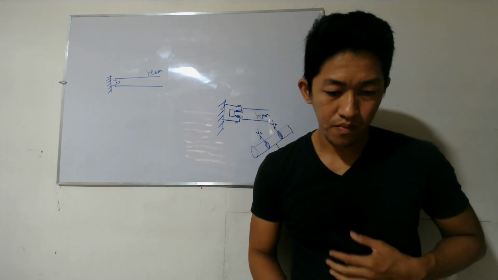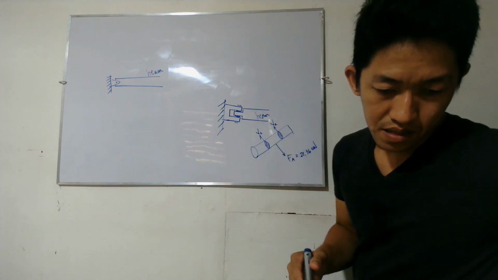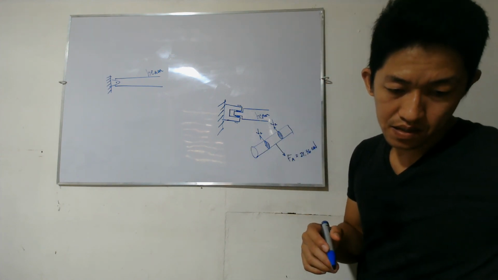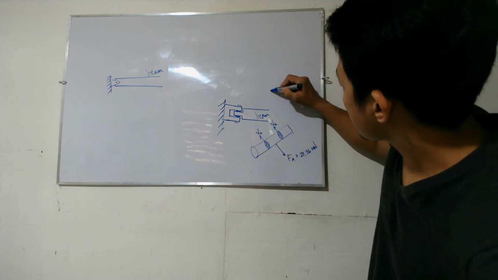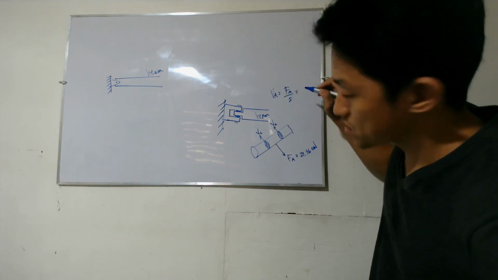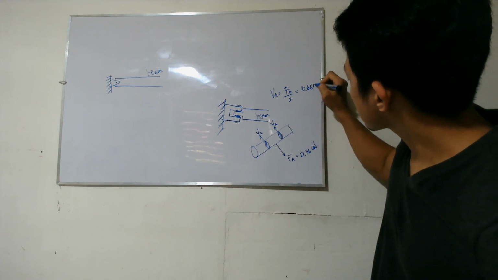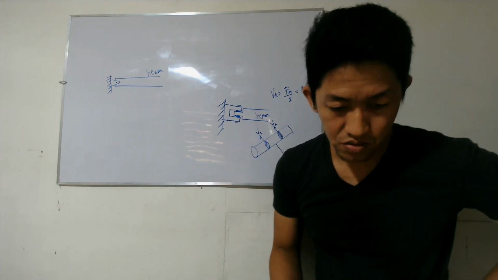Divide by 2. So VA is just FA over 2, which is equal to 10.68 kilonewton.